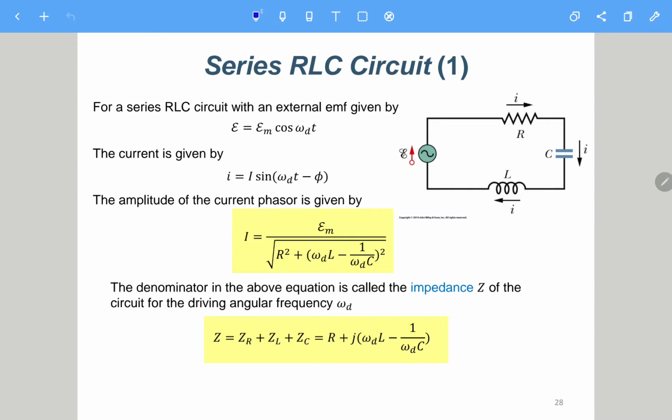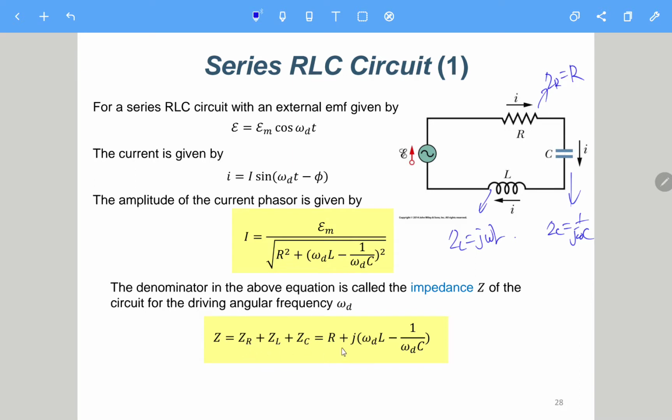The impedance of the resistor, ZR, is R, and for the capacitor, ZC is 1 over j omega C. For the L, ZL is j omega L. So here, the series impedance is ZR plus ZL plus ZC.